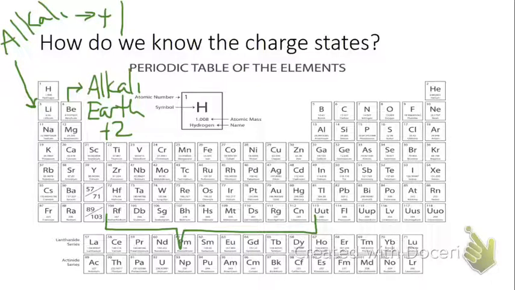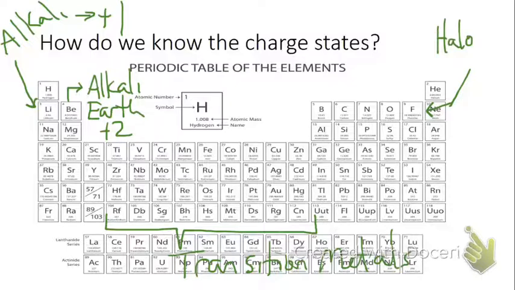The metals in here are known as transition metals. These adopt multiple charge states. Like we saw with iron, it can be a +2 or a +3. Starting with fluorine and on down, so fluorine, chlorine, bromine, iodine, these are known as halogens. These are nonmetals.